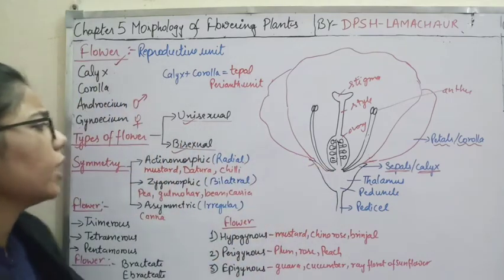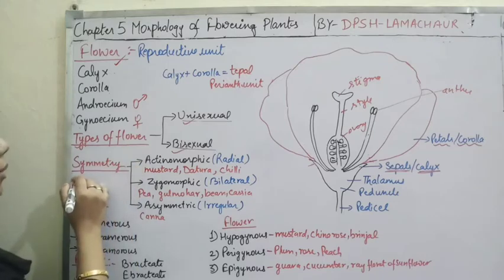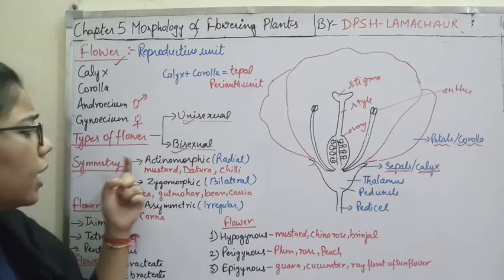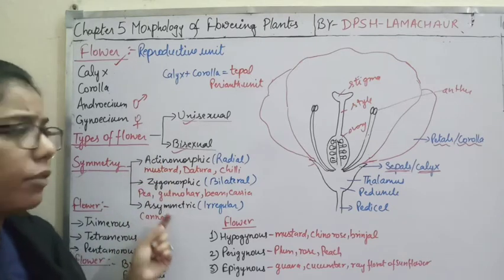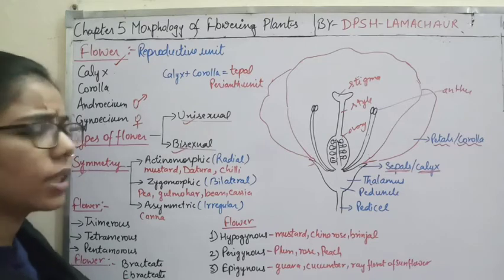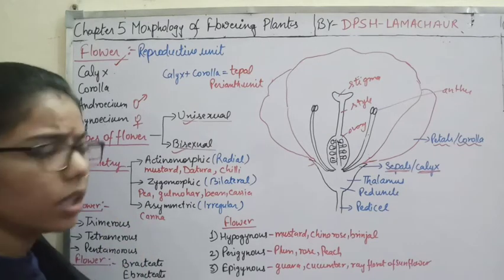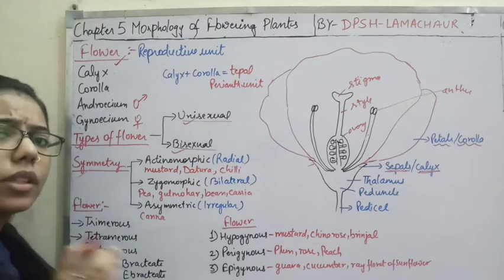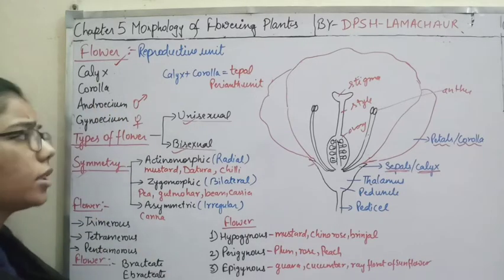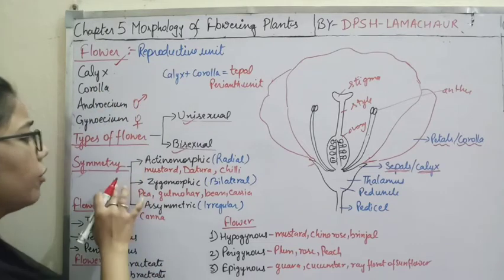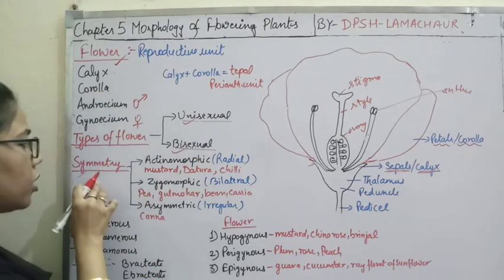Now, about symmetry. Symmetry can be of different types. If we talk about flowers, we have different types of flowers. Some have a round structure, some have another structure. So on the basis of the structure of the flower, on the basis of androecium, gynoecium, calyx, and corolla, we will divide flowers into different types on the basis of symmetry.